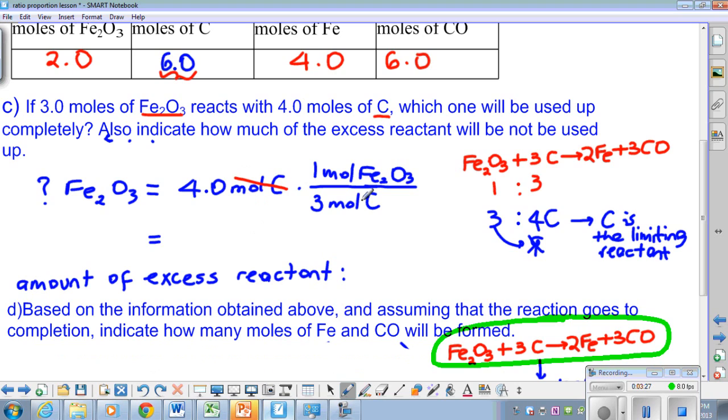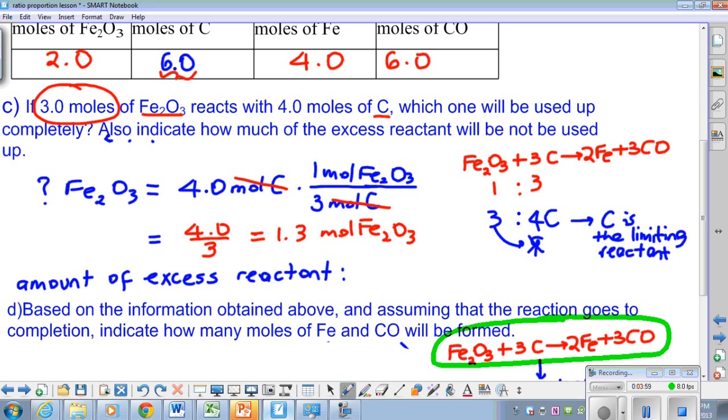Cancel the same units from the top and the bottom. So we have basically 4 over 3 moles of iron oxide. In other words, with two significant figures, 1.3 moles of iron oxide. So that means there's going to be excess, right? Because we were given 3 moles of that compound, and we're only using 1.3.